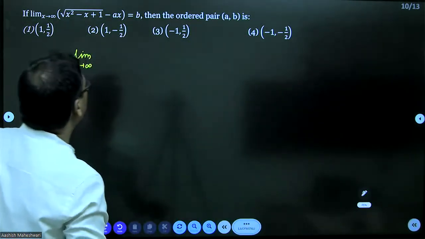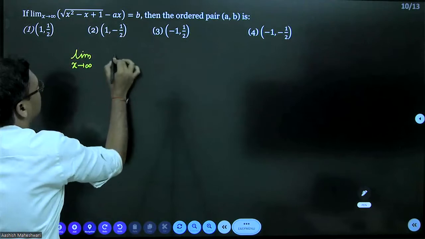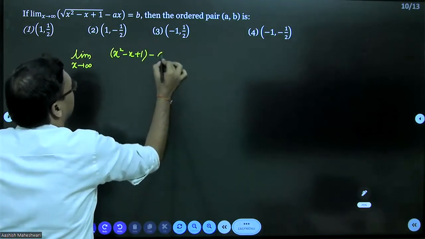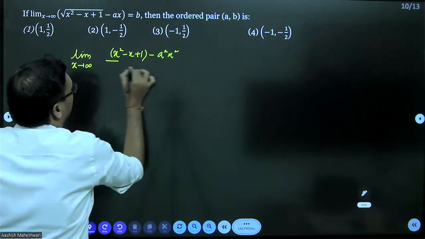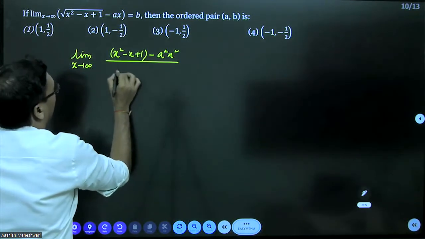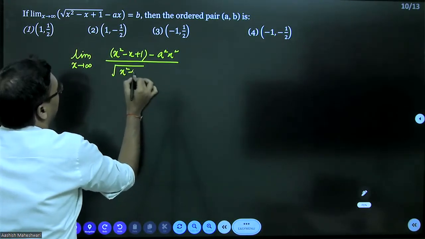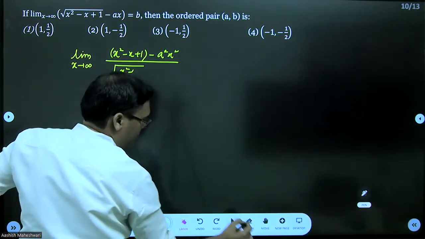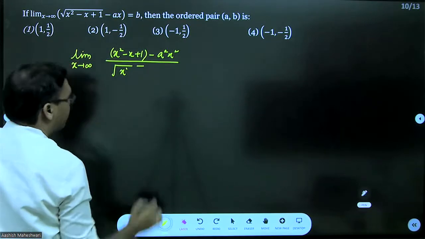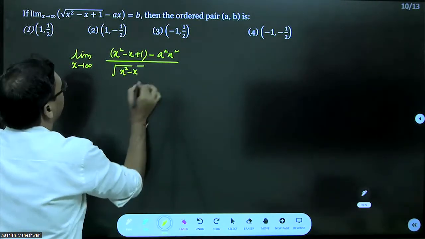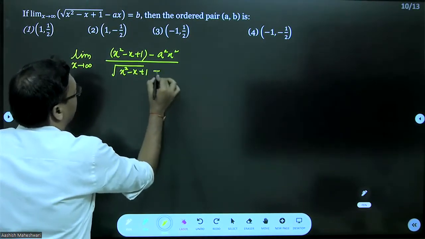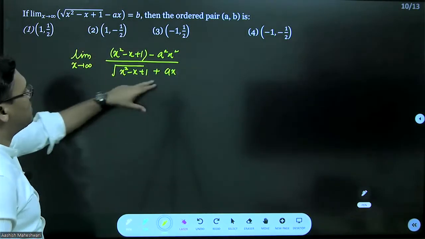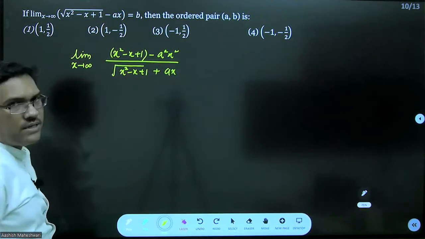So to simplify this, we are just rationalizing it: x square minus x plus 1 minus a square x square, divided by under root of x square minus x plus 1 plus ax. We have just multiplied and divided by this quantity, so this gets rationalized. Correct?